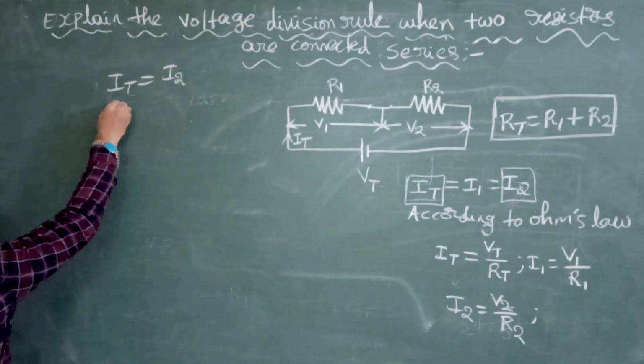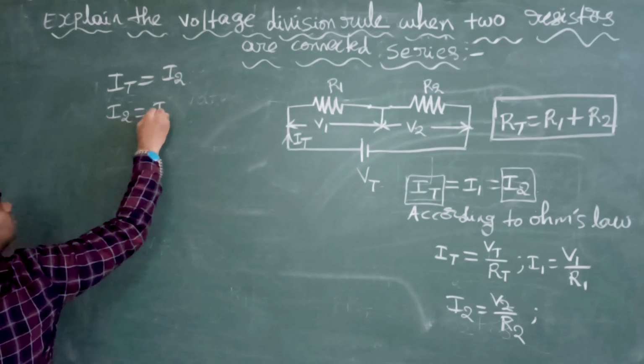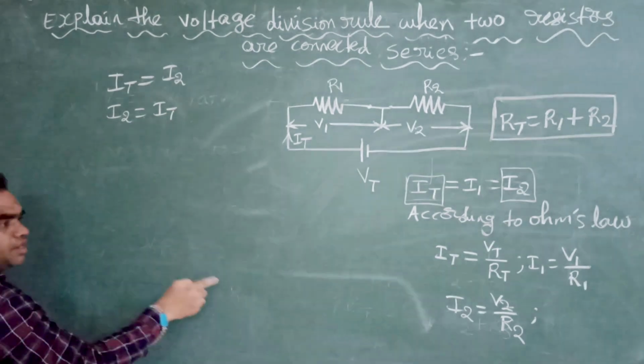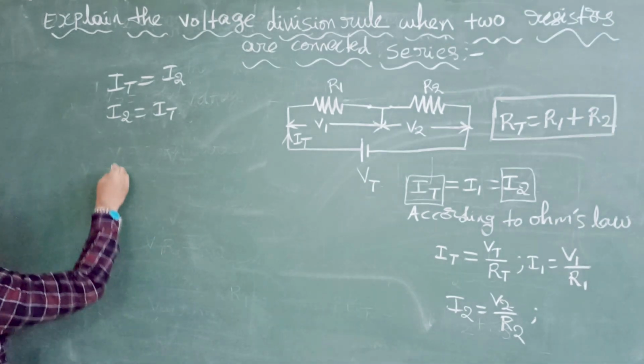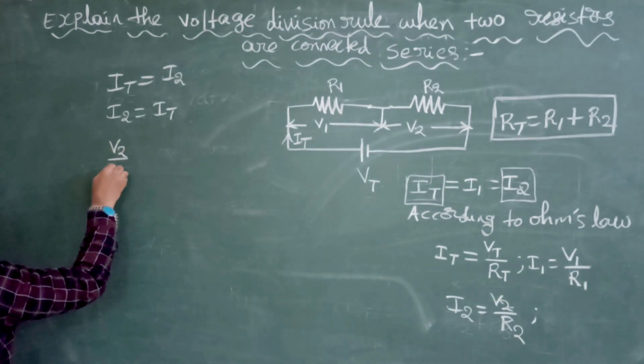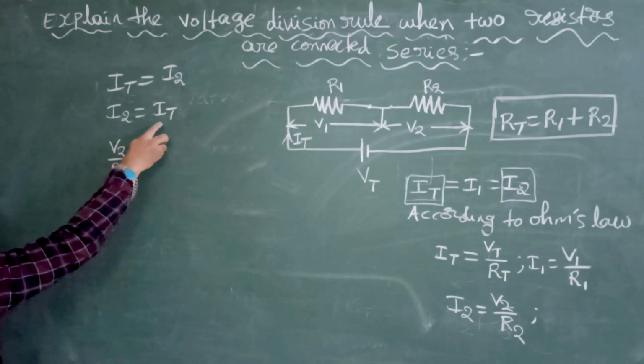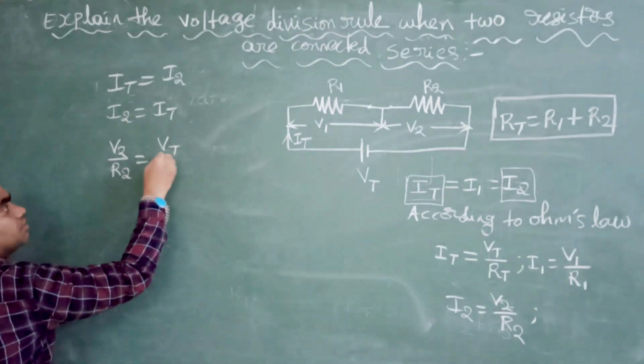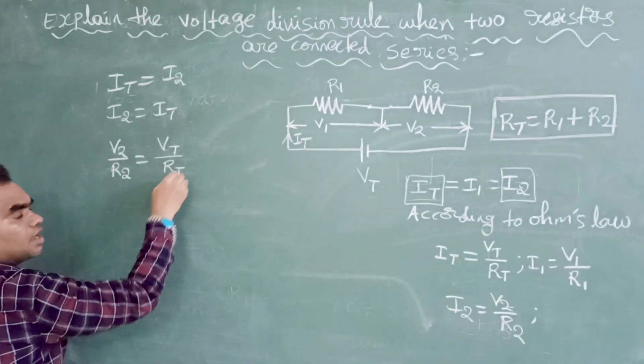This can also be written as I2 is equal to It. I2 means, according to Ohm's law, V2 by R2. It means Vt by RT.